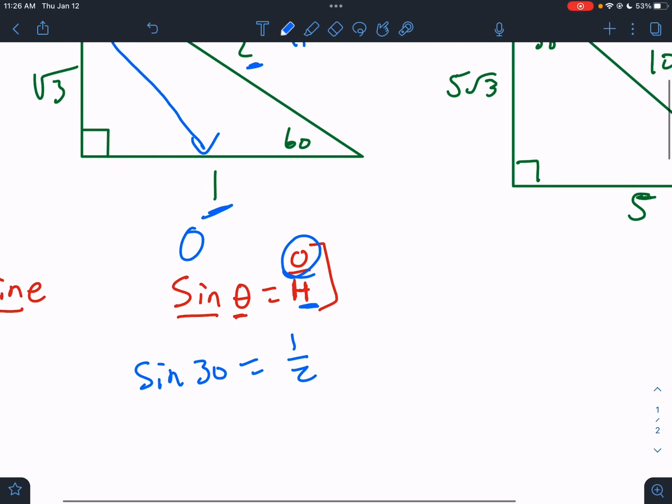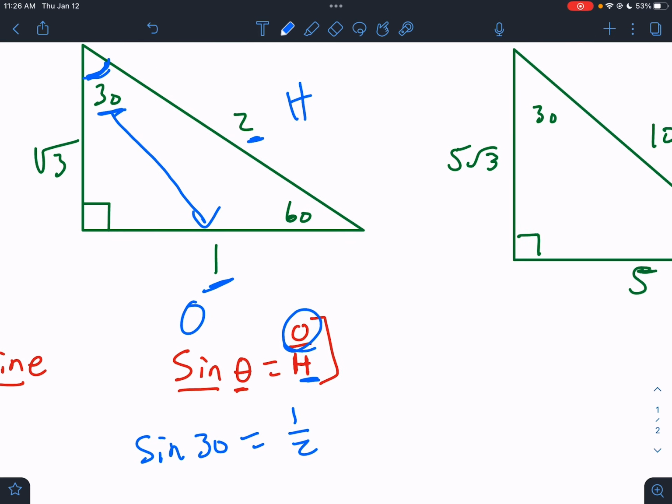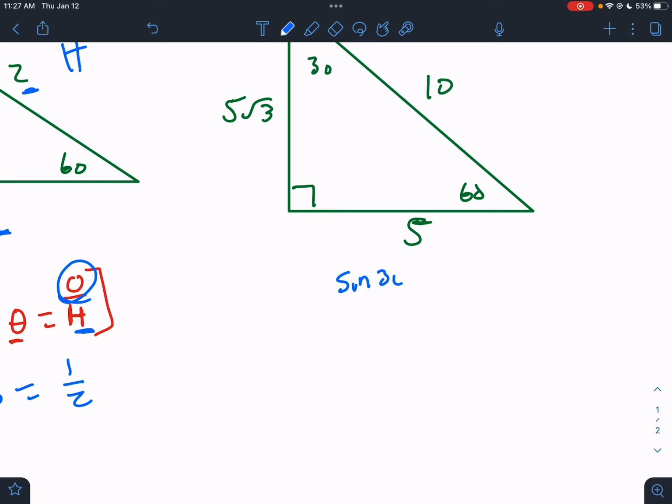And what our sine ratio says is you take the opposite side and divide it by the hypotenuse, and that'll be what we call a sine ratio. So if you have a 30-degree angle, that ratio will always be 1 over 2. Look over here. The sine of 30, here's my 30, that would be 5 opposite divided by 10 hypotenuse.